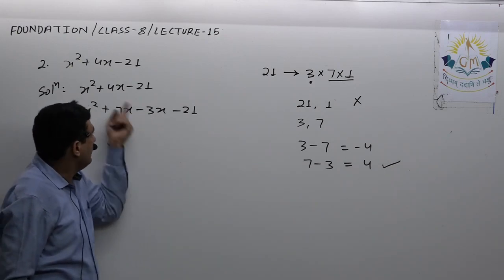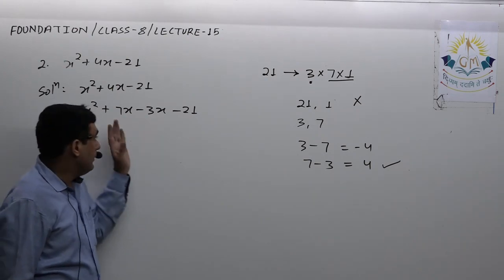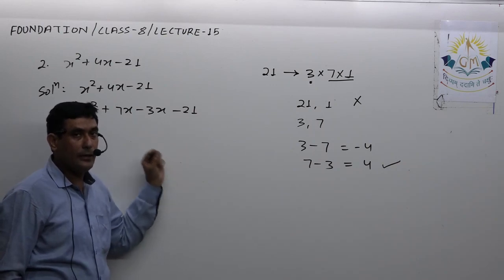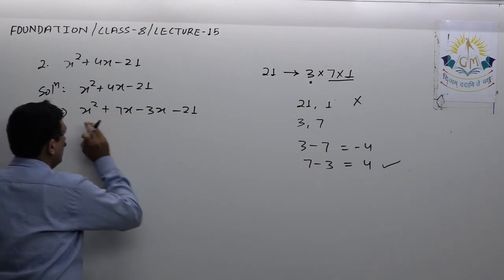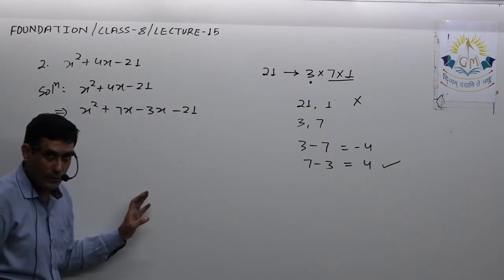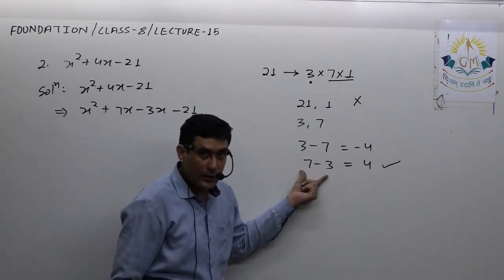Definitely the difference is 4. Now I check their product. Product is 7x multiplied by minus 3x, which is minus 21x square. That must be the product of first and last. Yes, it is. x square times minus 21 is minus 21x square. That means this selection is absolutely correct.